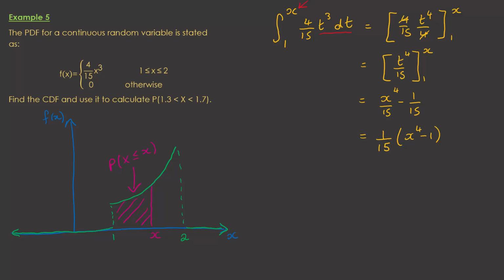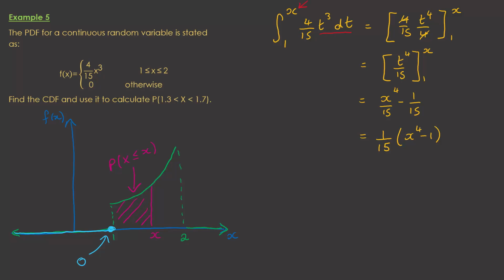Now it's always worth checking with these things that they make sense. What do I mean by that? The PDF is 0 all the way along here, so when we get to 1, we should have 0 probability. When x is 1, 1 to the 4 take away 1 is 0, so it is 0.